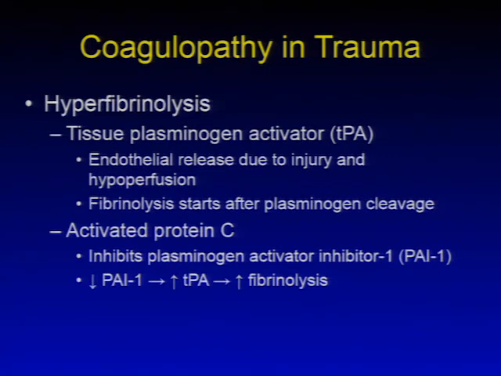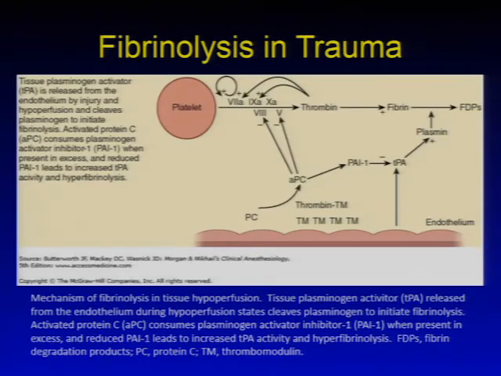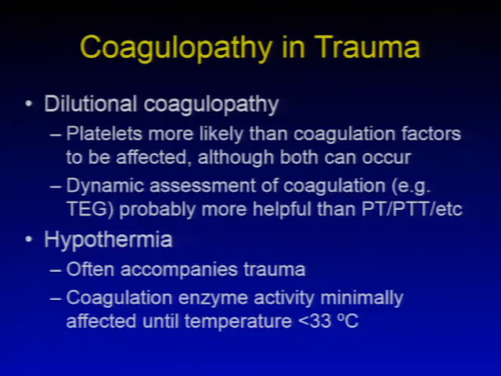So lower levels of PAI-1 lead to increased levels of TPA, which further cascade and feed back to increase the amount of fibrinolysis that occurs. This schematic again shows the role of both TPA and PAI-1, a nice graphic representation of the information presented on the prior slide.